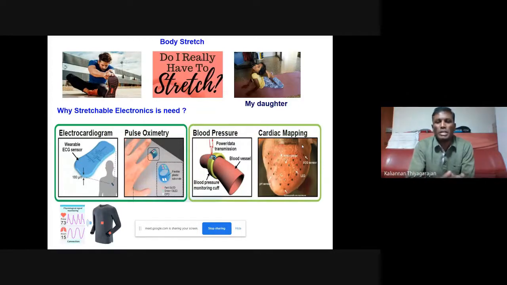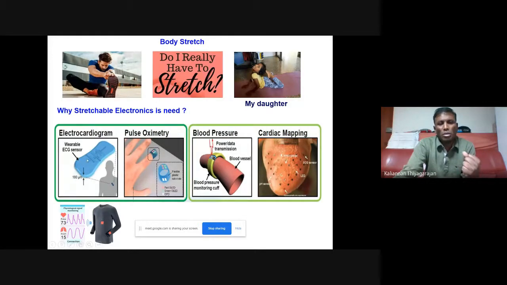For example, this is an electrocardiogram, and you can attach it to your body as well as to your clothes, and it will automatically sense. Without being stretchable, it will break down, while washing or if you bend it. So if it is stretchable, you can always utilize it. It is durable for a longer time.